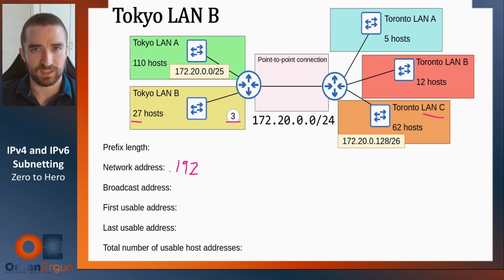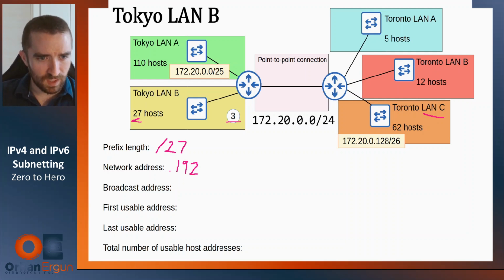So let's calculate. 5 host bits give us 2, 4, 8, 16, 32 minus 2 is 30. Okay, so that is perfect. We need 27, and we'll have 30 with 5 host bits. So that means the prefix length will be /27. So the network portion, 27 bits, the host portion, 5 bits.